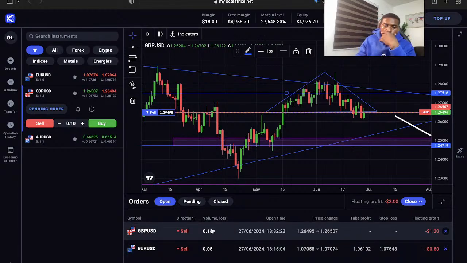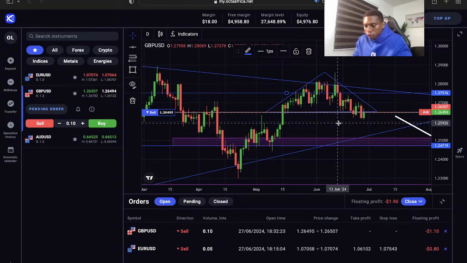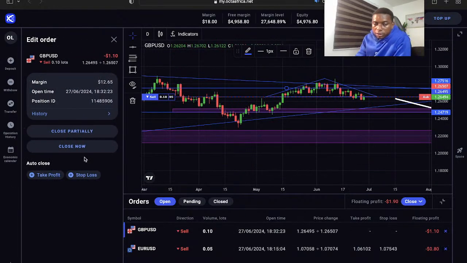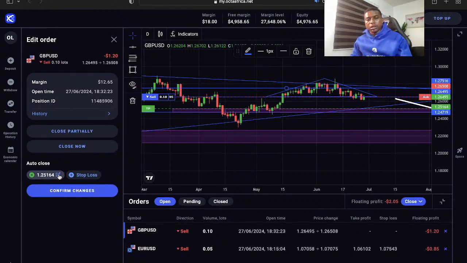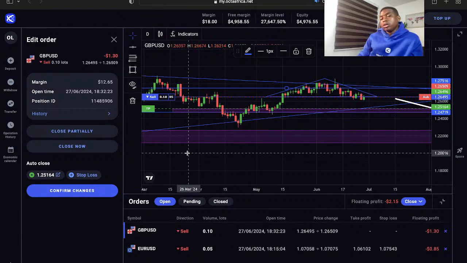Now I want to add stop loss and take profit. So what do I do? I'll just come and tap on it, and this shows up. Then I come and add take profit. Because this is not the level at which I want to take my profit, I can always modify it.